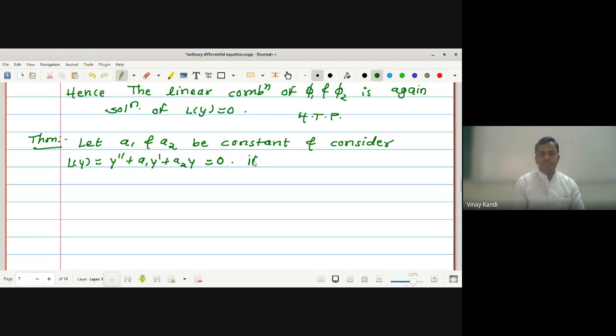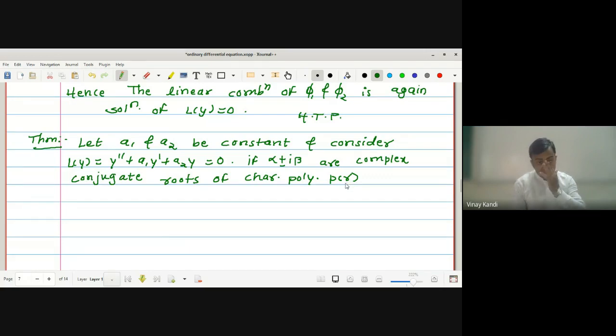And if alpha plus or minus i beta, these complex numbers, are complex conjugate roots of the characteristic polynomial p of r, which is equal to r square plus a1 r plus a2 equal to 0.